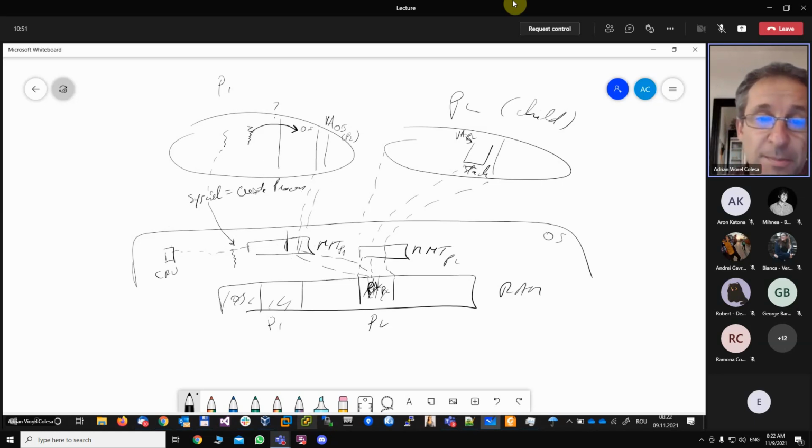Maybe you remember that for paging, that table consists of more entries, one for each page in the virtual address space. For the entries mapping pages in the OS part of the process virtual address space, there is a flag which is set to 1, let's say. I don't remember exactly if it's 1 or 0, it doesn't matter.